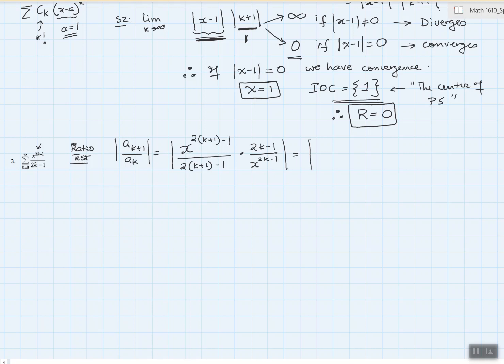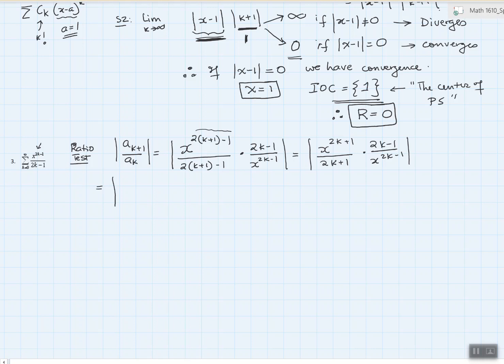Okay, so let's clean this out. So 2 times k plus 1 minus 1 is what? 2k plus 2 minus 1. So that gives me x raised to the power 2k plus 1. Denominator is 2k plus 1. And here it's the same. Now let's split it.